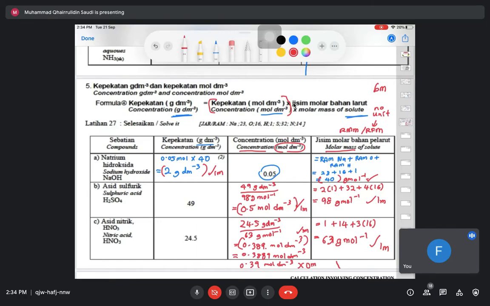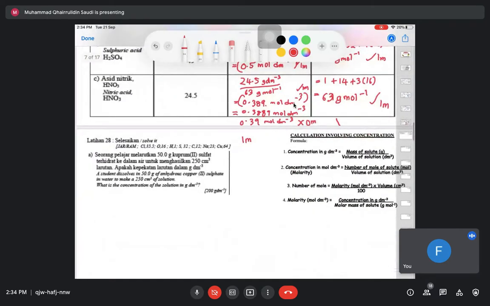If you write 0.39, don't give yourself marks, so that you remember after this to take 3 decimal places at least. Okay, good. So for exercise 27, we have 6 marks.